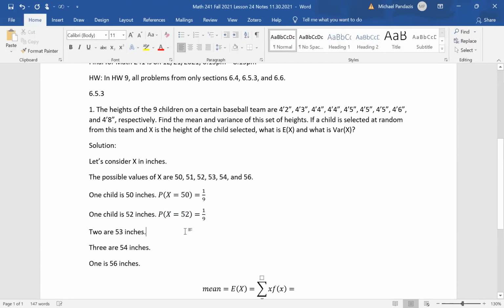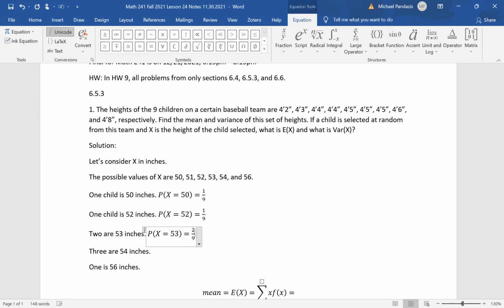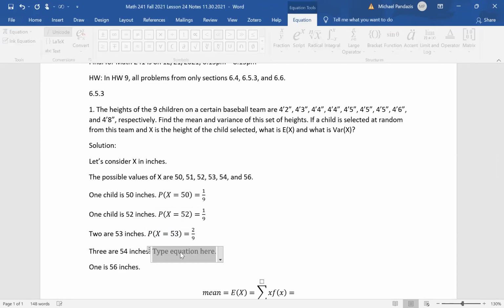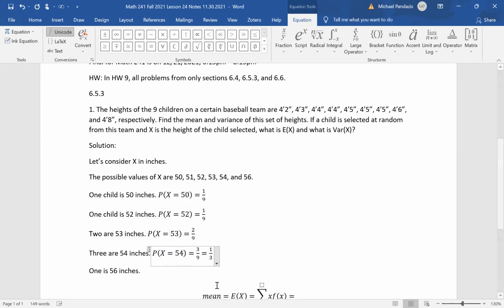The probability that X is 53 inches is equal to 2/9, because 2 of them are 53 inches. Probability X is equal to 54 is equal to 3/9, which simplifies to 1/3. And so the probability that X equals 56 is equal to 1/9.